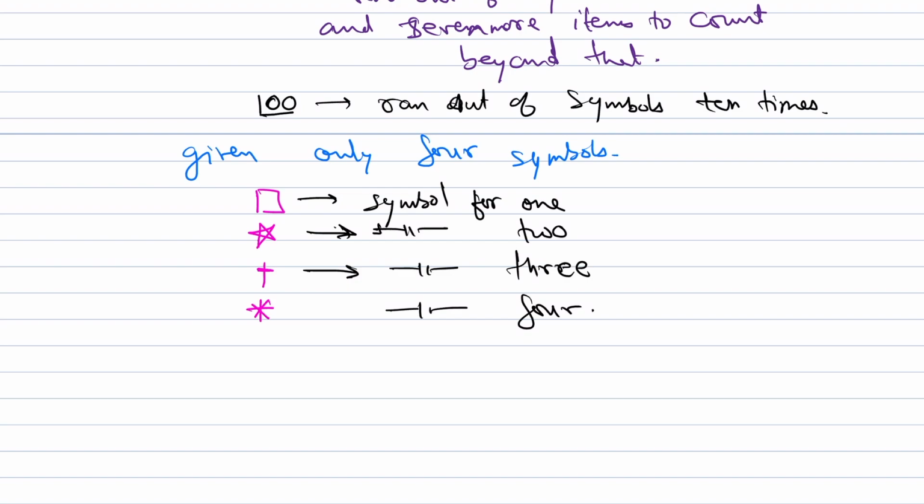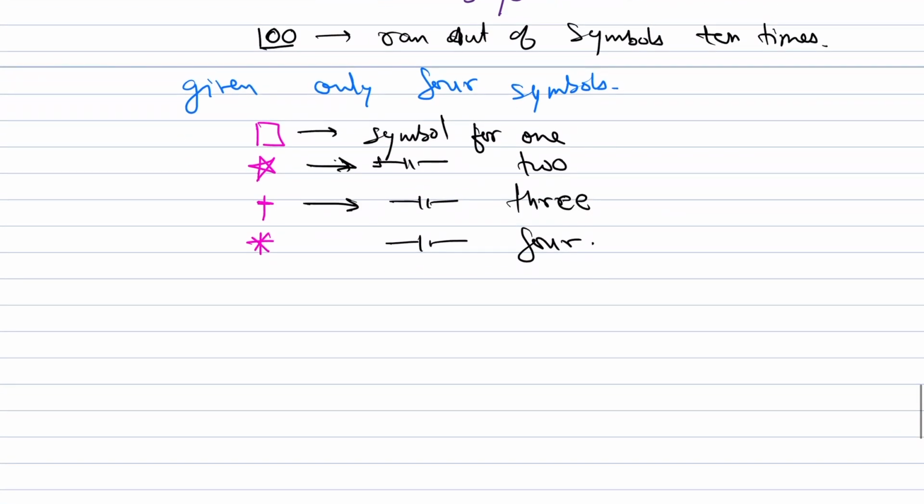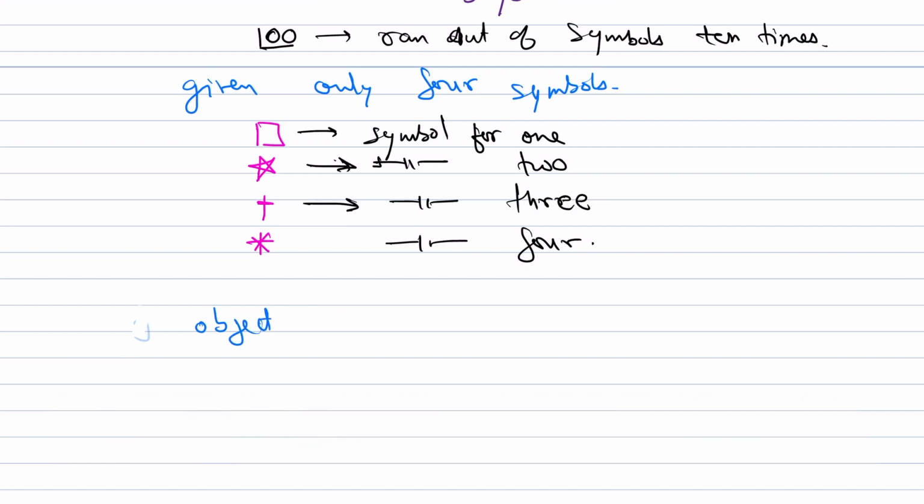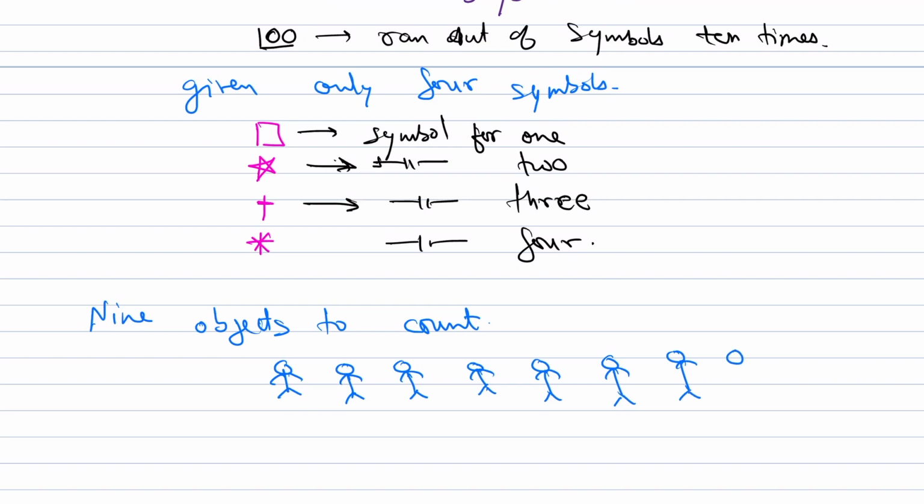Now suppose I am given 9 objects to count. Let's say there are 3, 1, 2, 3, so 4, 5, 6, 7, 8, 9.